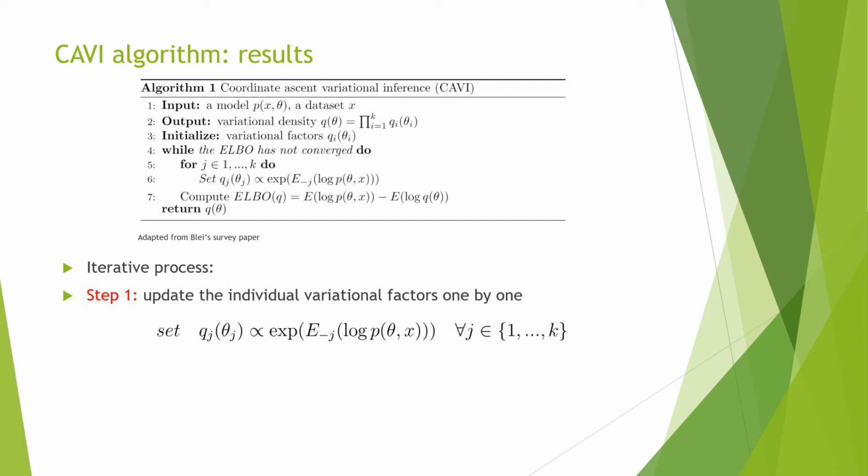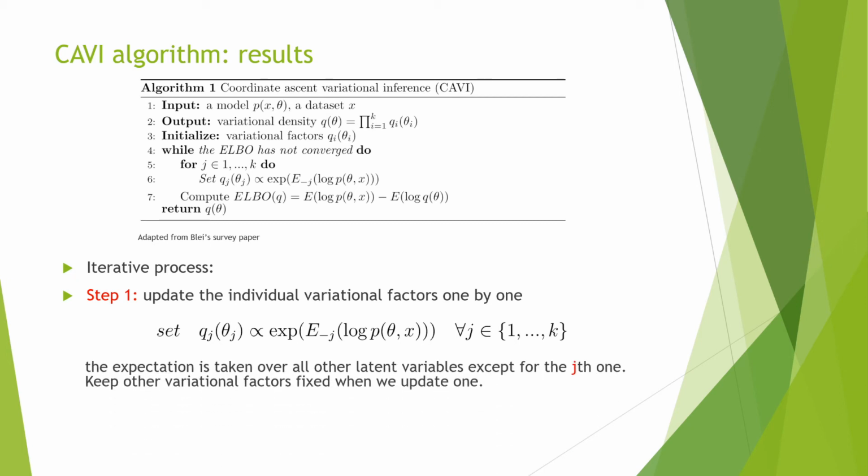Next, we enter an iterative process. In the first part of the iteration, we want to set the variational density of the jth latent variable to be proportional to the exponential of the expected log joint density, where the expectation is taken over all other latent variables to ensure that the right-hand side is also just a function of theta j.